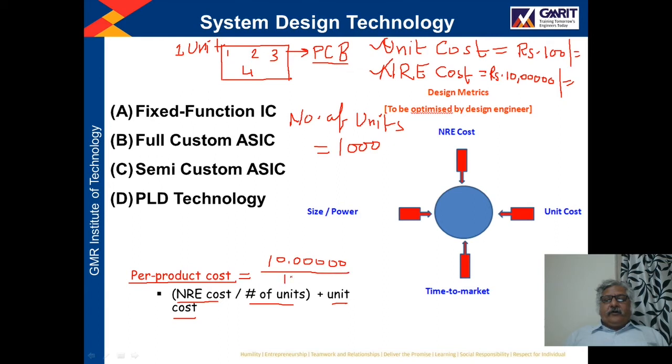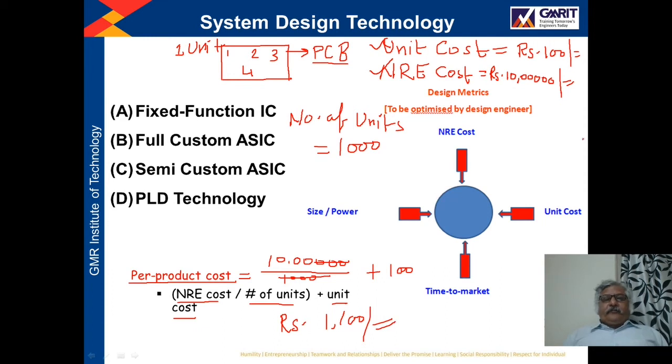The total number of units is 1000, plus unit cost. The unit cost is rupees 100. If we solve this, the 1000 and the 3 zeros of the numerator will cancel out. So it is 1000 plus 100. So the cost per product is rupees 1100.